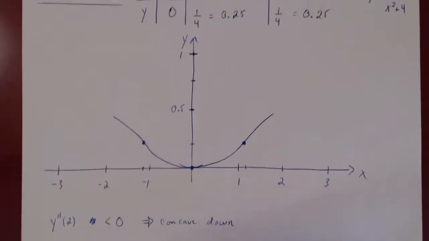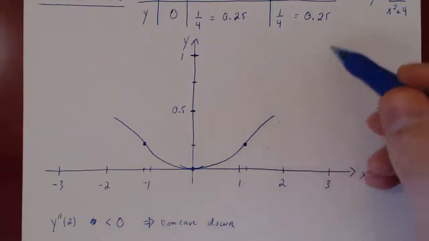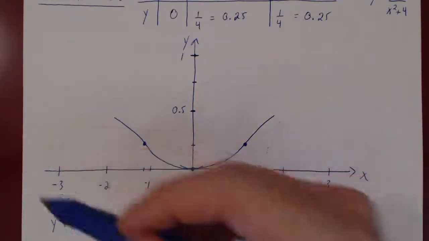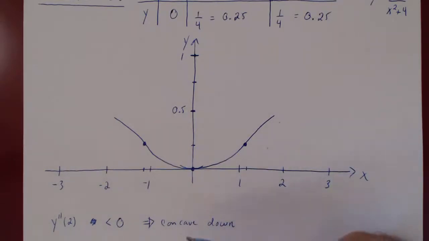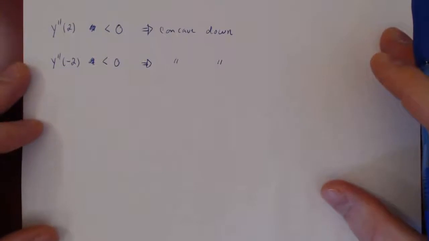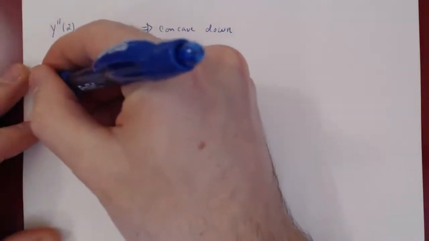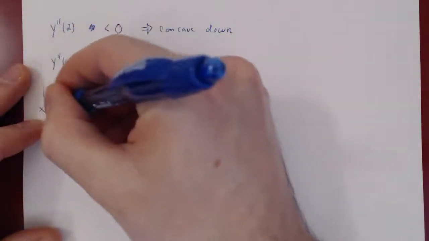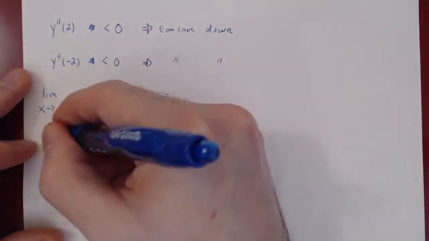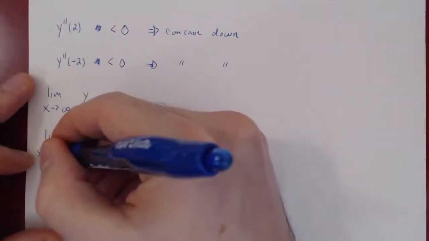So the only question left over is, what happens to our y values as x goes to positive and negative infinity? Therefore, we are looking for possible horizontal asymptotes. So let's see. What happens to y as x goes to positive infinity, and what happens to y as x goes to negative infinity?